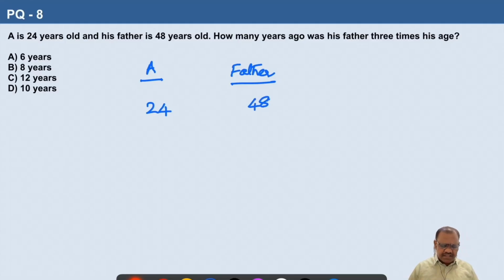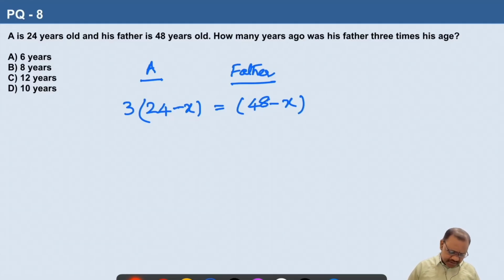How many years ago? We don't know. Let us assume X years ago. So let us subtract X. X years ago, father was 3 times of A's age. That X we need to find out here.